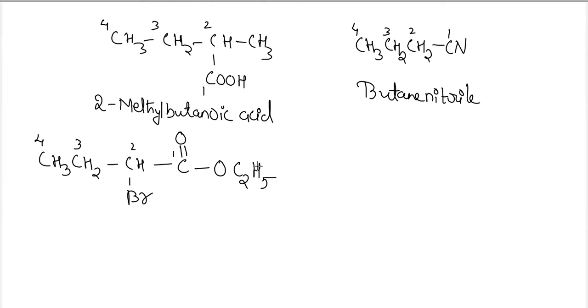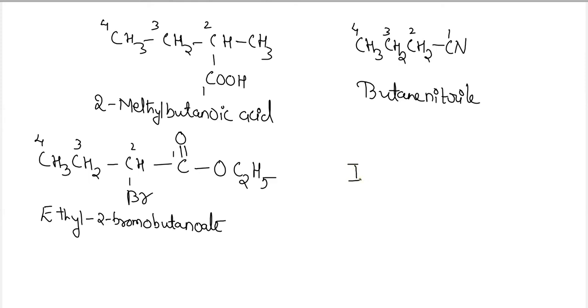So the name of this compound will become ethyl 2-bromo butanoate. It is butane, then OATE. OATE is the suffix which is used for the esters.